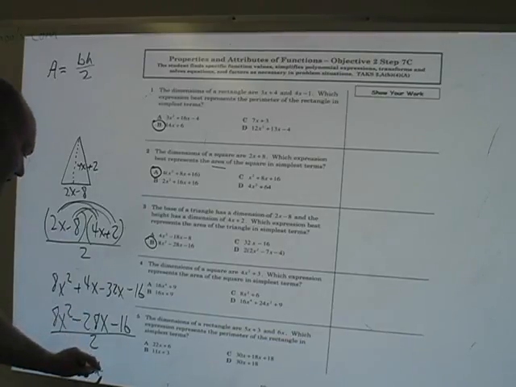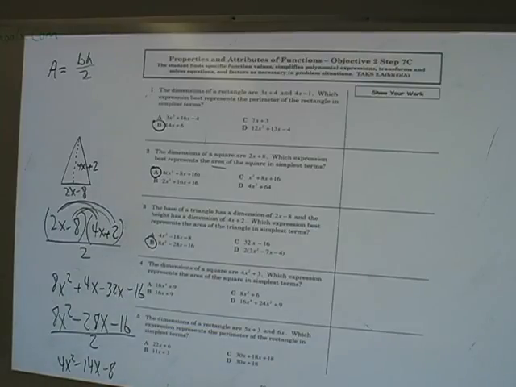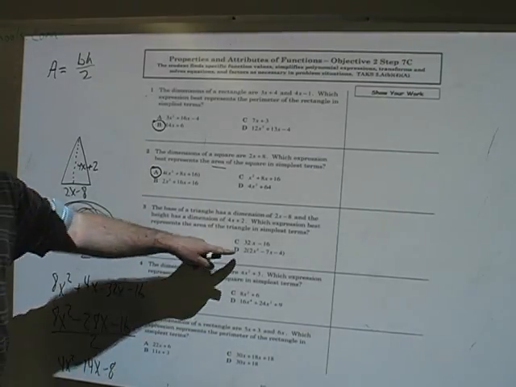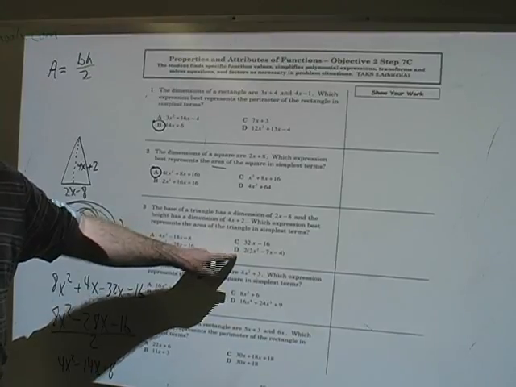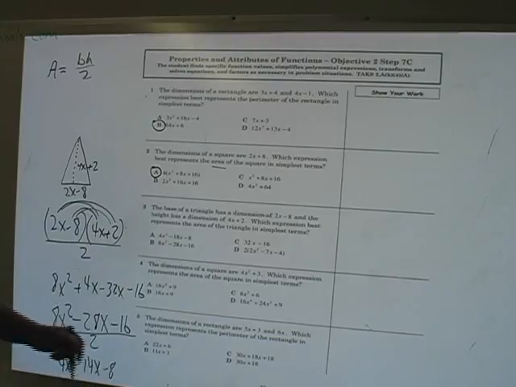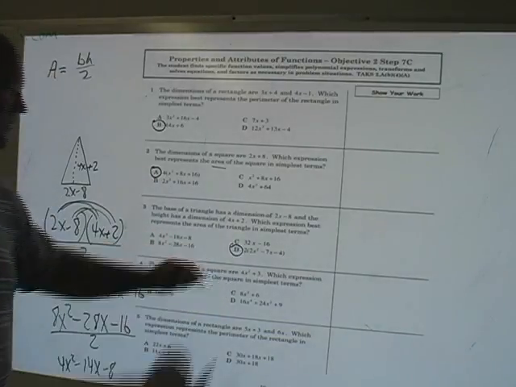And negative 16 divided by 2 is negative 8. And if you look at answer D and you multiply that out, you will get this answer. Okay? So answer D.